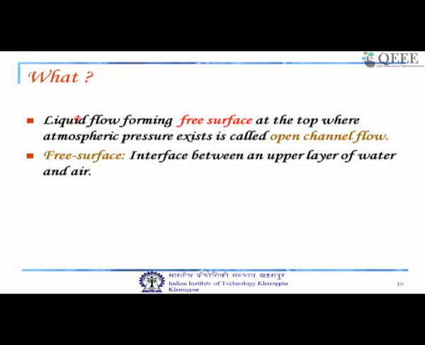Liquid flow forming a free surface at the top where atmospheric pressure exists is called open channel flow. What is this free surface? Free surface is the interface between an upper layer of water and air. So, the word free surface is important here, and that is related to open channel flow.